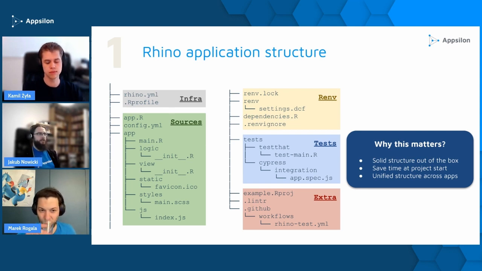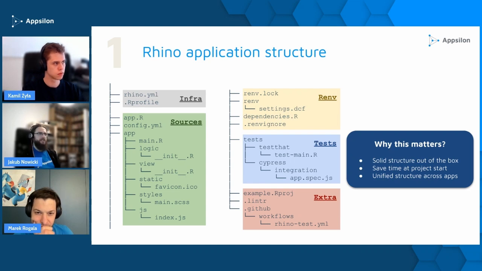Besides that, you will get a few more things, including the renv dependencies management, the structure for all the tests, and some extras for configuring Rhino and configuring other things like CI. So all this you get out of the box. You don't waste your time thinking, how should I properly introduce tests to my product?